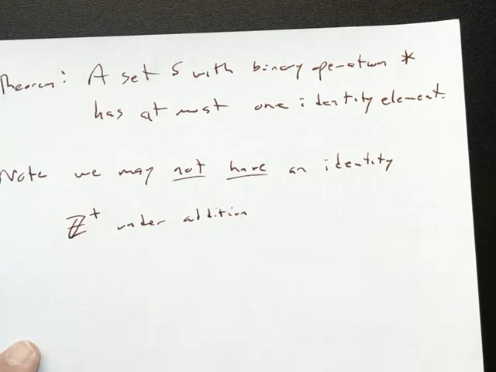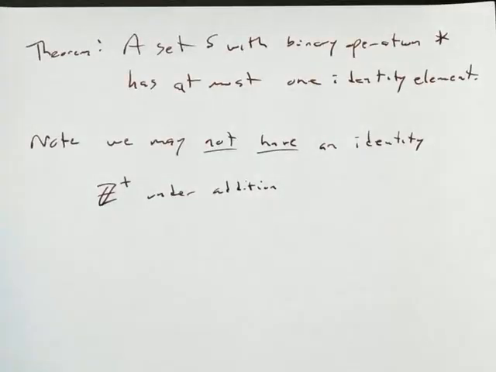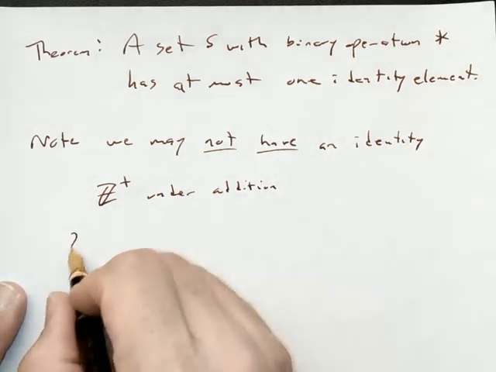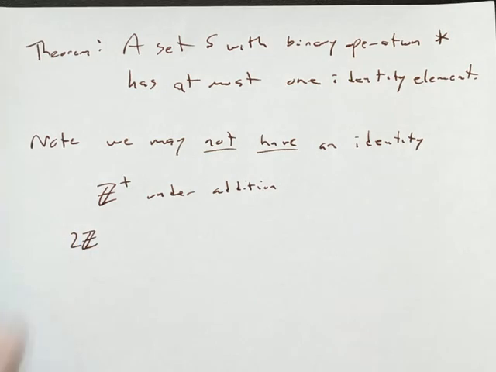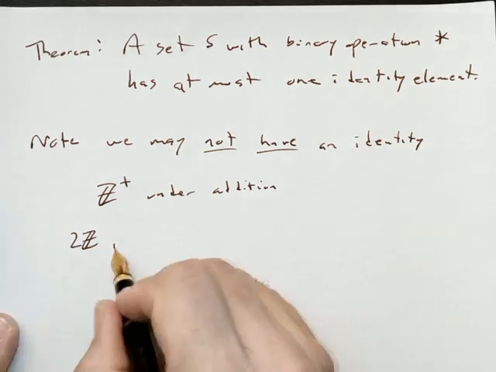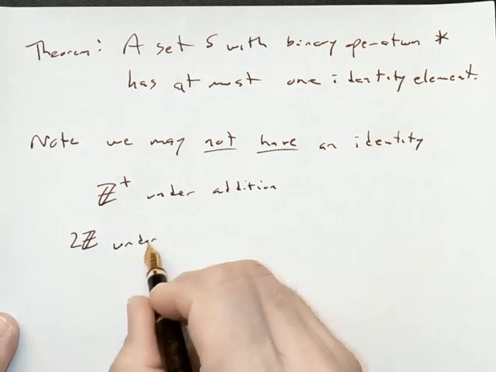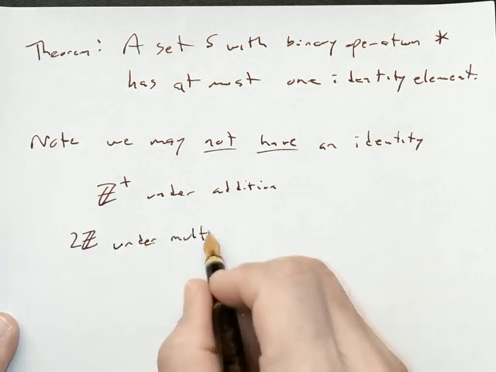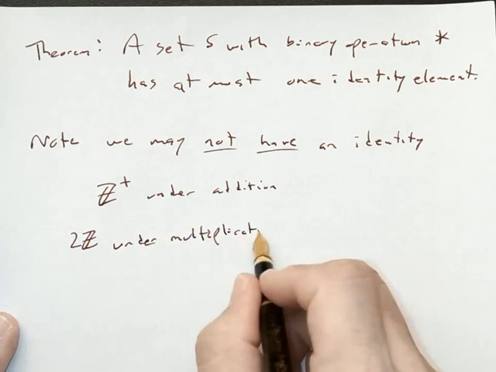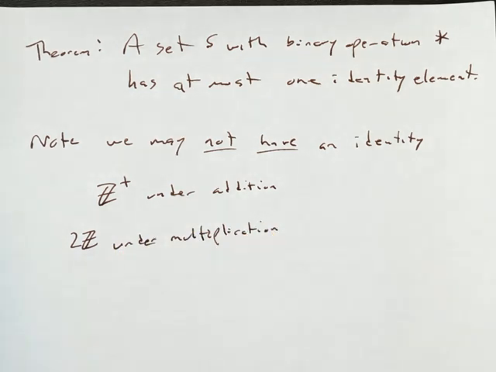So positive integers under addition, there's no identity, because the identity I want is not a member of that set. Even numbers, integers that are multiplied by 2, under multiplication, because the identity I think I want is 1, but 1's not part of that set.